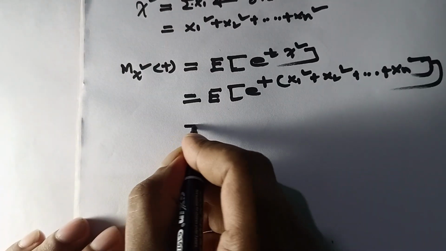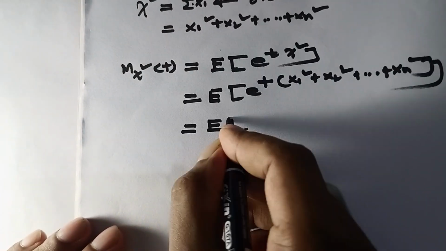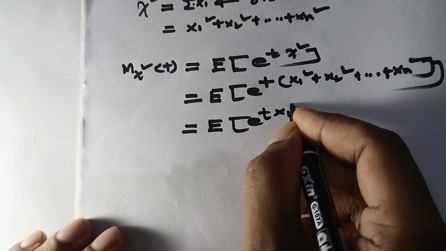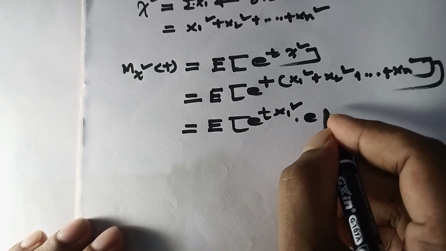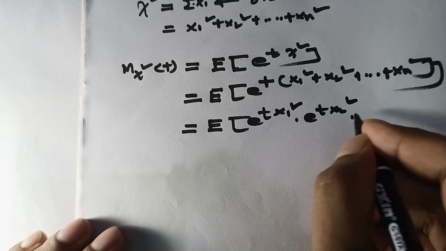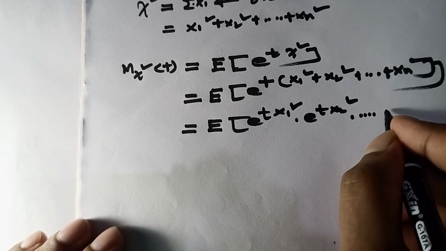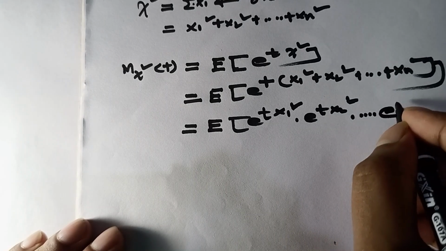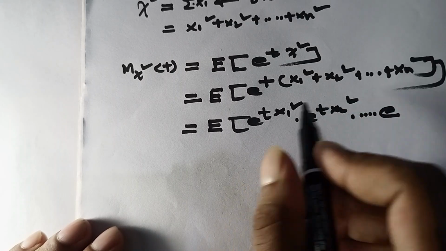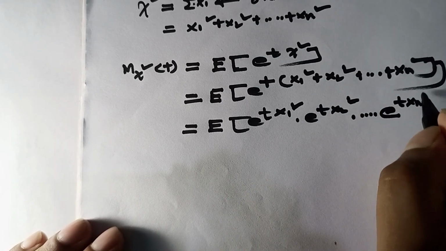Now I will split this: e to the power t x1 squared into e to the power t x2 square into dot dot dot e to the power t xn squared.